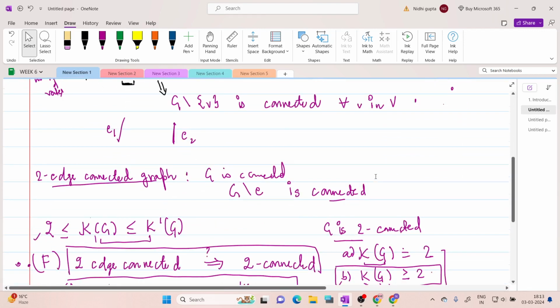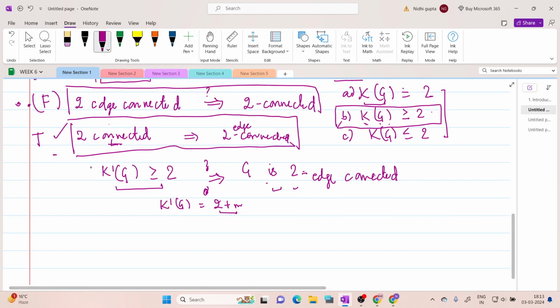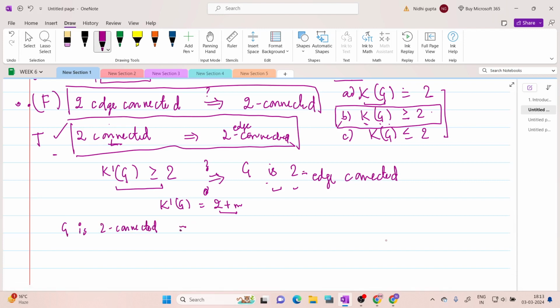Last one as in, can you explain it again? Why two connected implies two edge connected? Okay. So if G is two connected, first, did you understand that kappa of G should be greater than or equal to 2 if G is 2 connected?